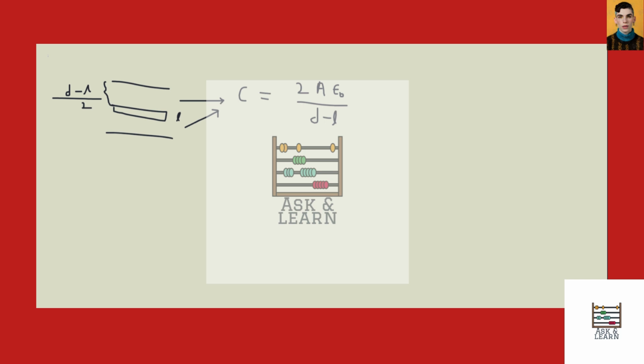So the net capacitance of these two capacitors is Cn equals 1 over C plus 1 over C. And if you solve it, you get Cn equals A epsilon naught divided by D minus L. Let's also calculate the charge stored on the capacitor when it is connected to the battery.